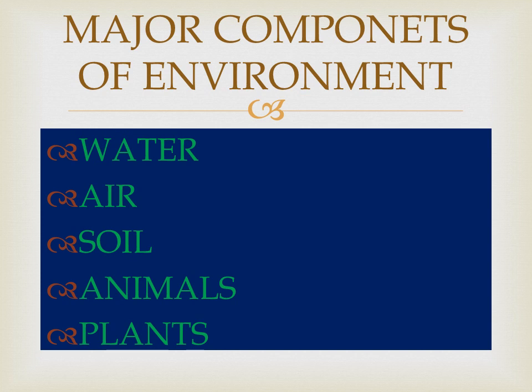That is number 5, plants. Candidates, plants are a part of the major components of the surrounding. Green plants provide food to animals. They also help to purify other components of the environment like air.